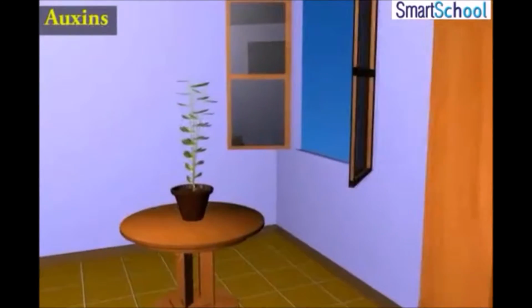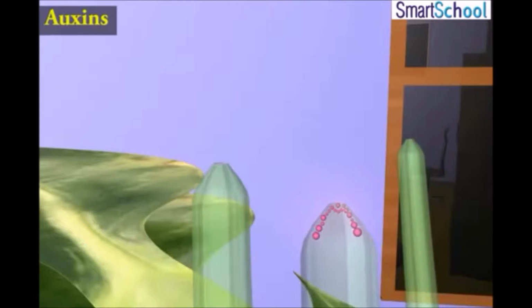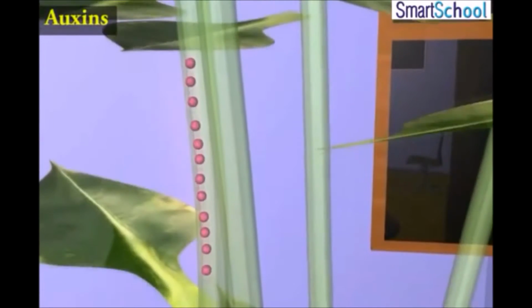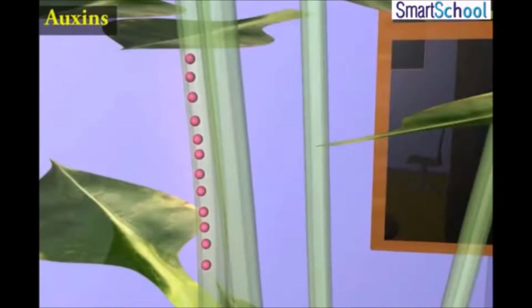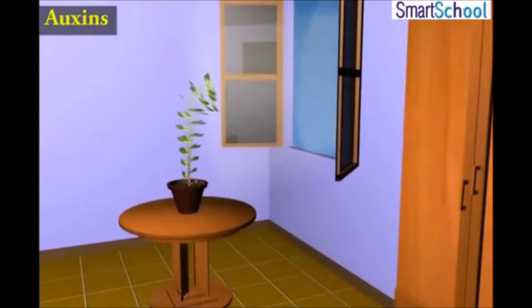Auxins are synthesized at the shoot tip and help the cells to grow longer. When light is coming from one side of the plant, auxin diffuses towards the shady side of the shoot. This concentration of auxin stimulates the cells to grow longer on the side of the shoot which is away from light. Thus, the plant appears to bend towards light.